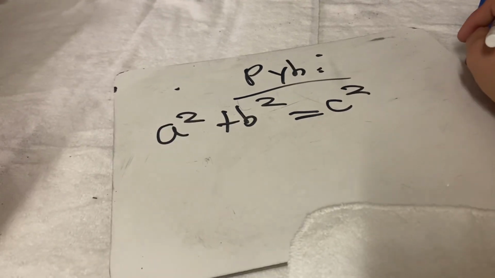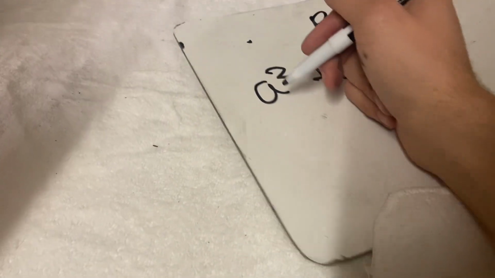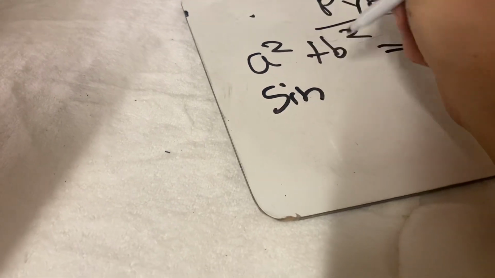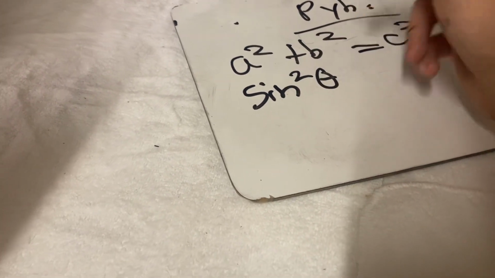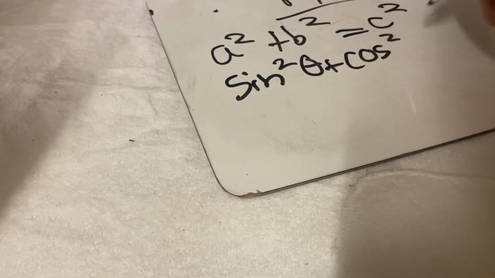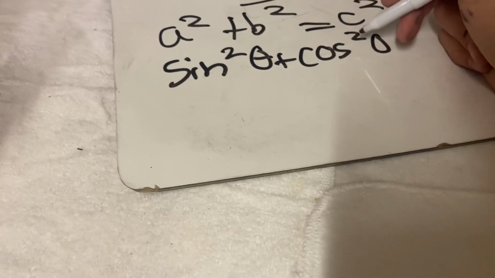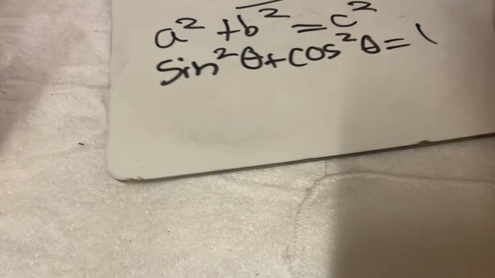Well, what if you add sine and cosine? Let's try that. Since they're squared, it would be sine squared theta, which is the Greek symbol, plus cosine squared theta, and that would equal 1.